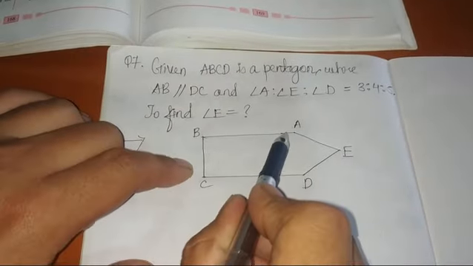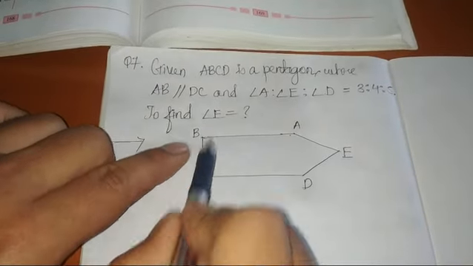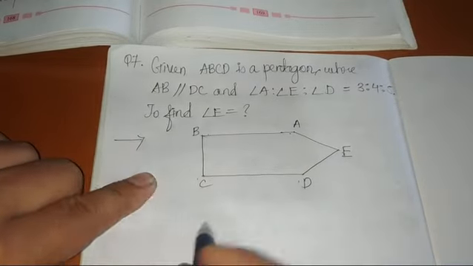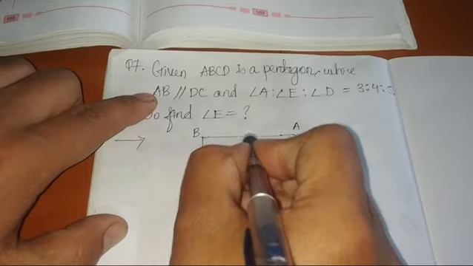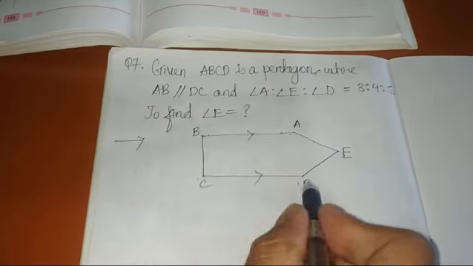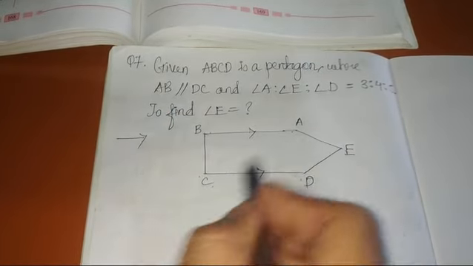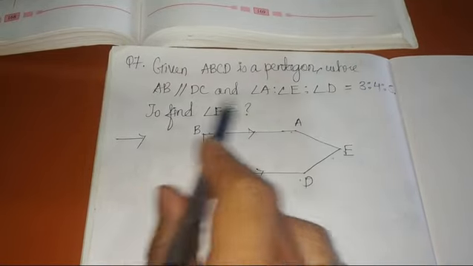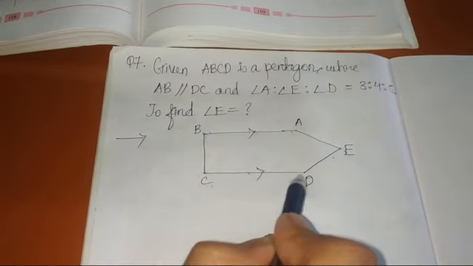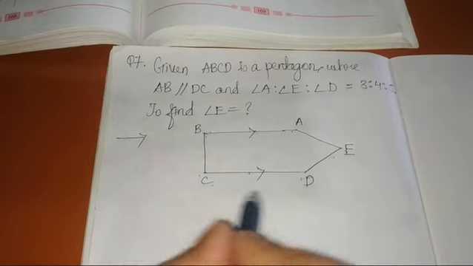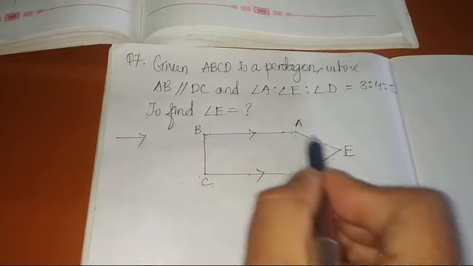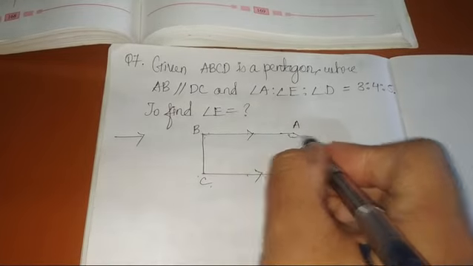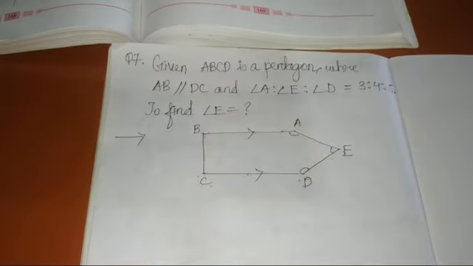I'm keeping the figure like this: A, B, C, D, and E. Because the question says AB must be parallel to DC. This is a pentagon, a five-sided figure, in which AB is parallel to DC or CD. Also given to us is the ratio of angle A to angle E to angle D.